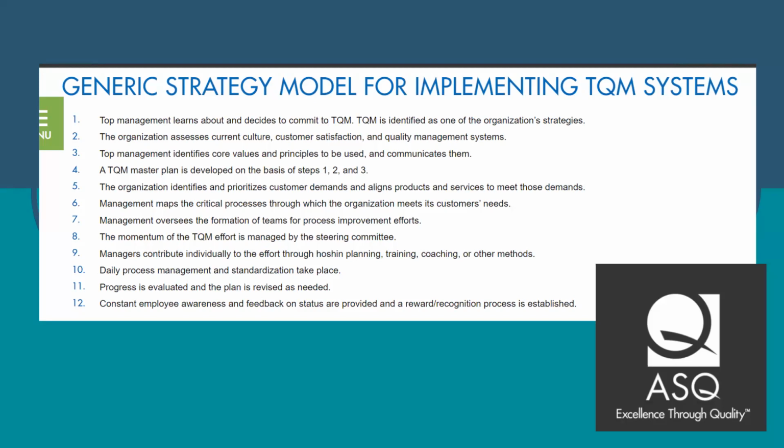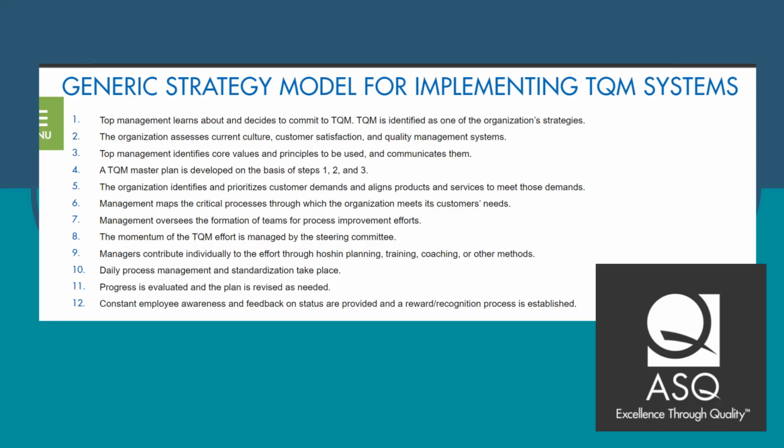Number 5, the organization identifies and prioritizes customer demands and aligns products and services to meet those demands. Number 6, management maps the critical processes through which the organization meets its customers' needs. Number 7, management oversees the formation of teams for process improvement efforts. Number 8, the momentum of the TQM effort is managed by the steering committee.